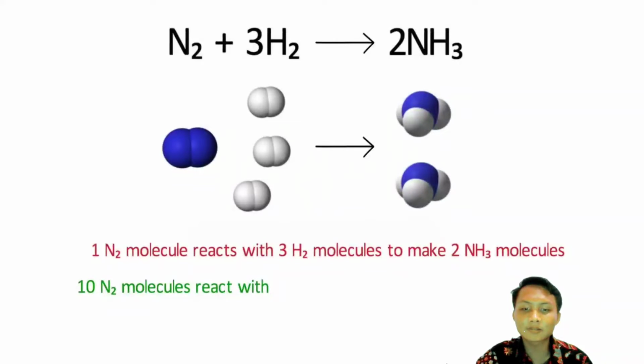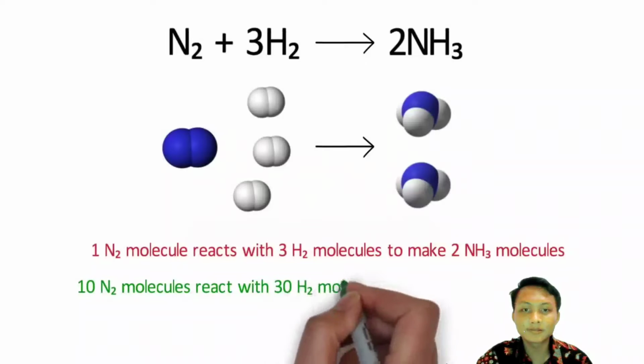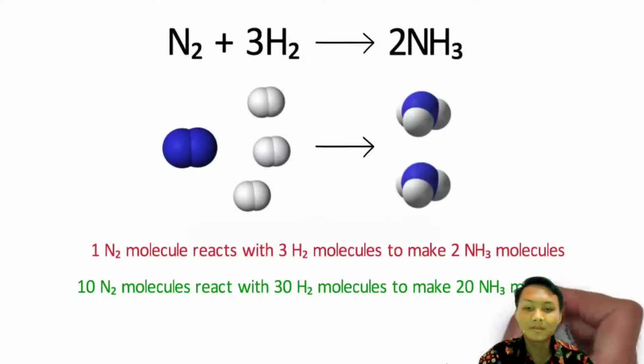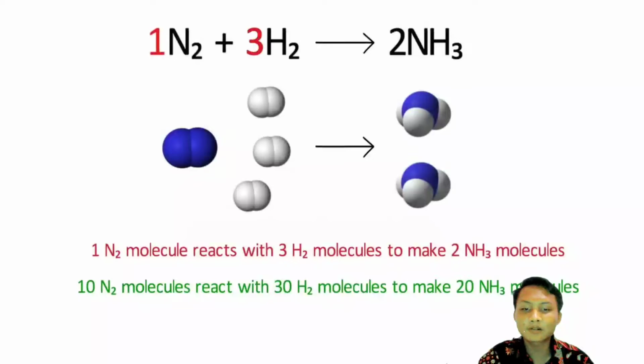How many hydrogen molecules would they react with? That's right, 30. And the reaction would produce 20 ammonia molecules. The balanced chemical equation tells us that nitrogen, hydrogen, and ammonia are always in a 1 to 3 to 2 ratio no matter how big or small the reaction is.